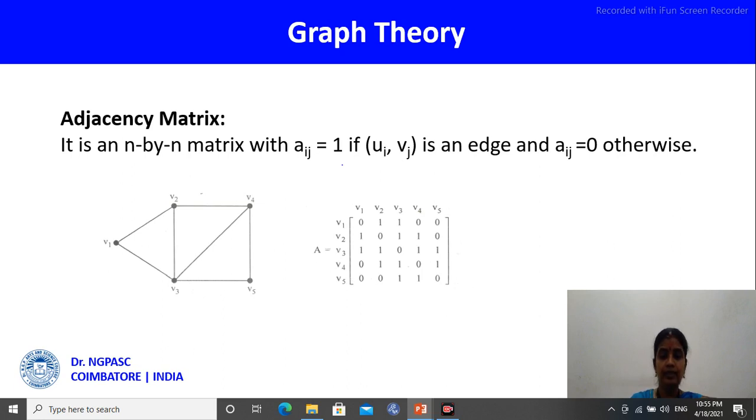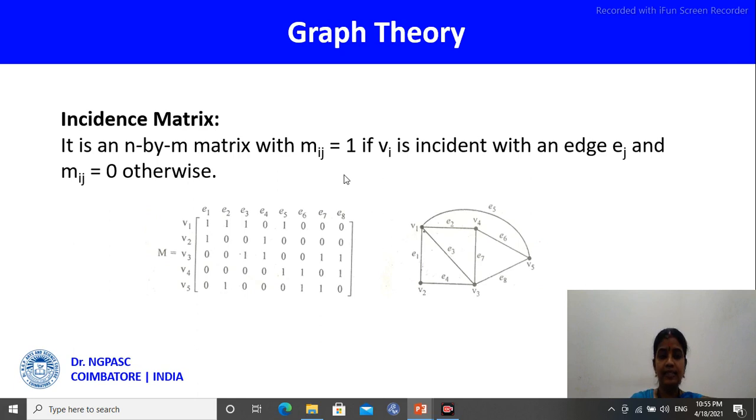V1 to V3 there is one connection, so 1. V1 to V4 there is no edge, so 0. V1 to V5 there is no connection, so 0. Likewise, if there is an edge between two vertices, then the entry will be 1, otherwise it will be 0. It is called the adjacency matrix.